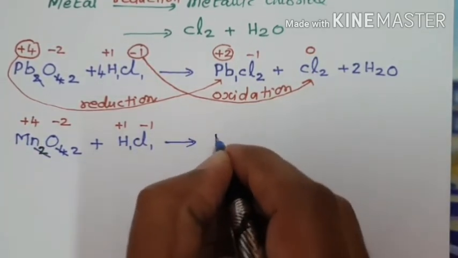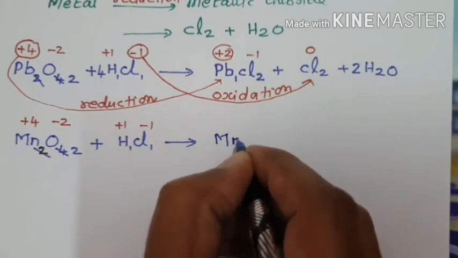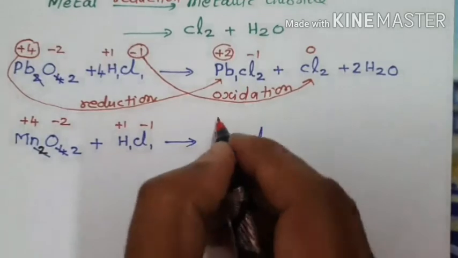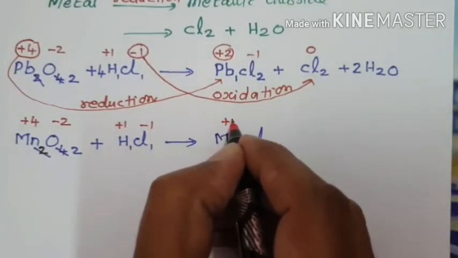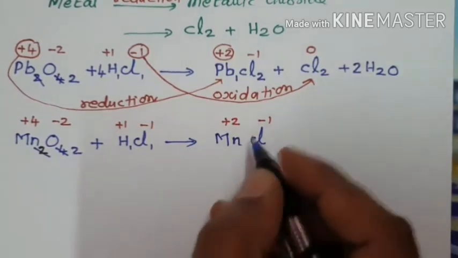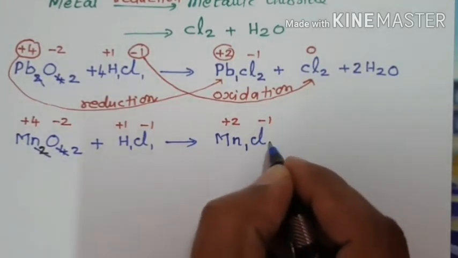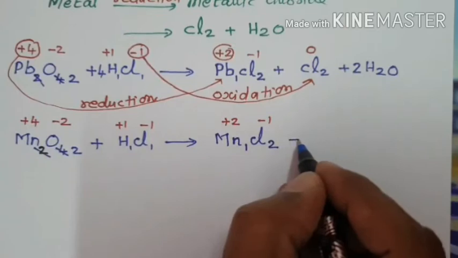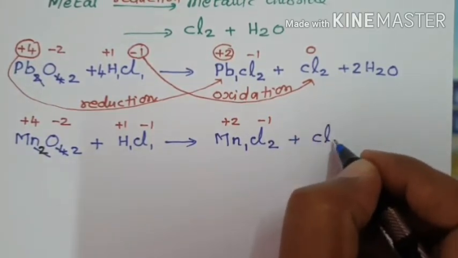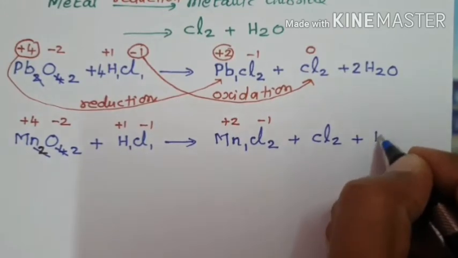Metal is converted into metallic chloride, MnCl2. Like the first reaction, manganese oxidation state 2 plus, chlorine minus 1. When we write in class, chlorine 1, manganese 2 plus, the other products are common, chlorine plus water molecule.